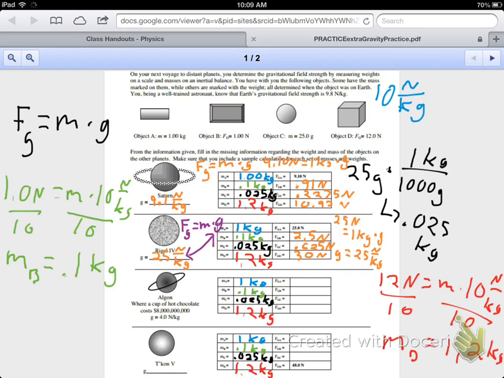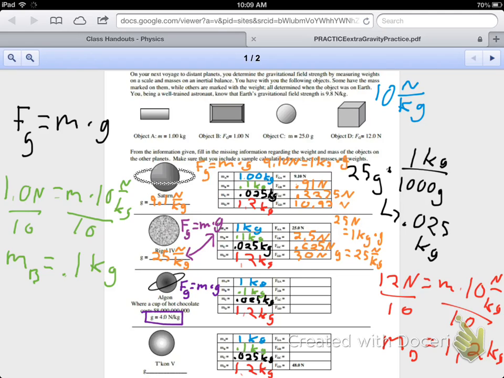So moving on to the third part, onto Algin. I believe that's how it's pronounced. For this one, we already know G as 4 newtons per kilogram, and we know all the masses. So that means that we know that the force due to gravity is equal to the mass times the gravitational field strength.